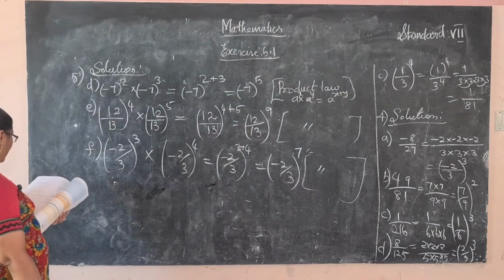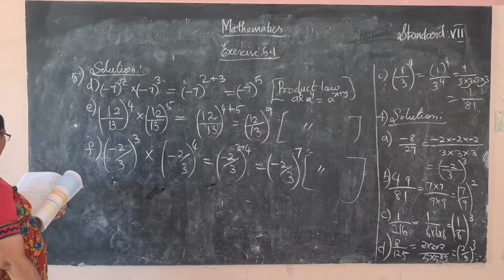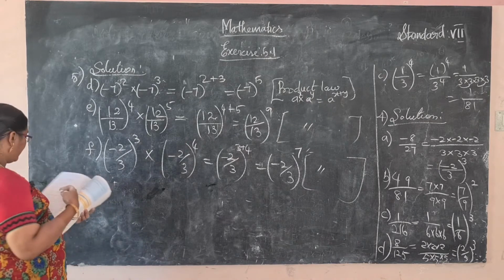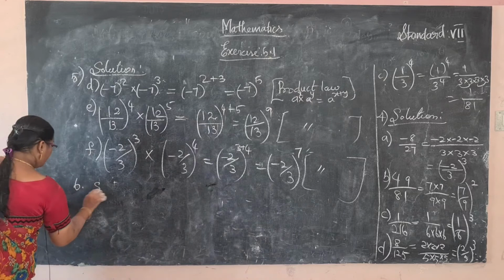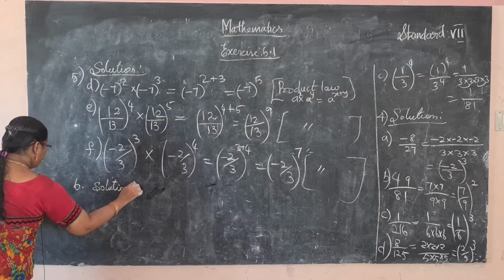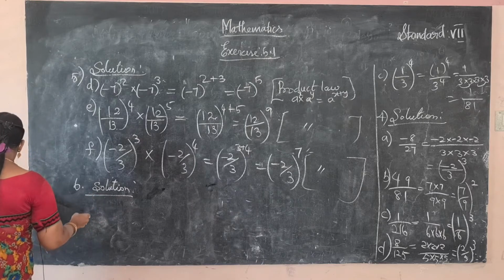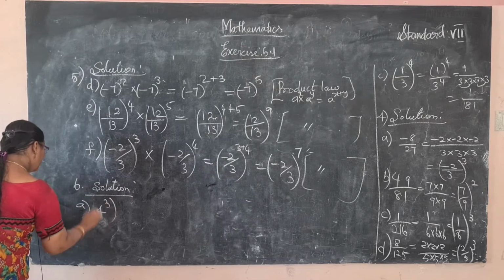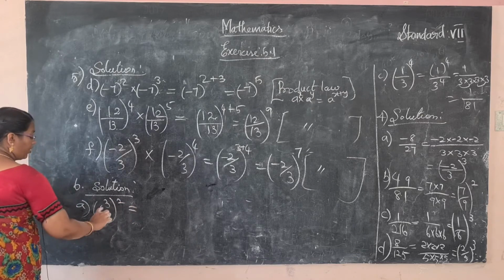Move to the sixth problem. Write the following by simplifying the exponent. So the power of power rule is given. Solution. The first one, a 4 power 3 the whole square. So power of power rule is given.